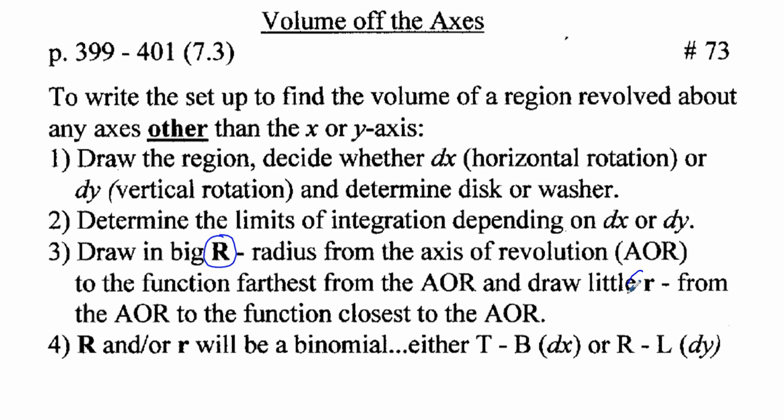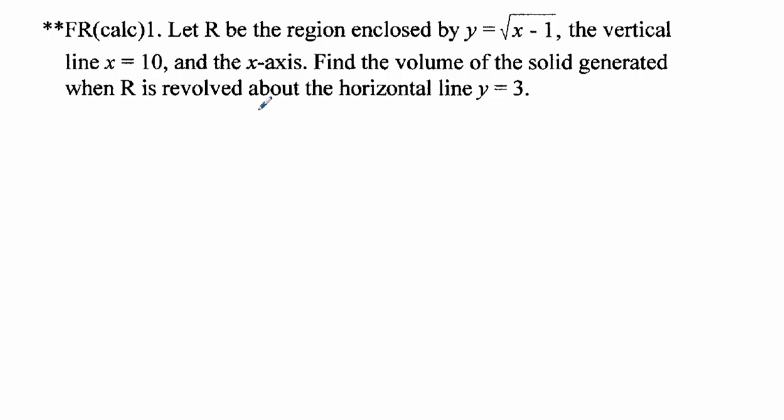And then you're going to have a little r, which is the inside radius off the axis of revolution. So the big R and little r will be a binomial, either top minus bottom dx or right minus left dy. So we're going to look at problem 1.